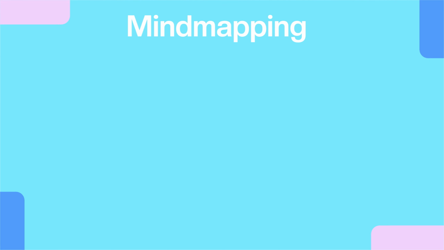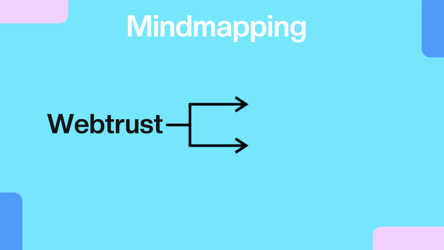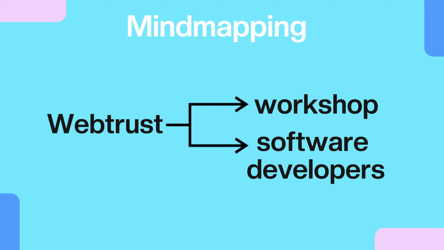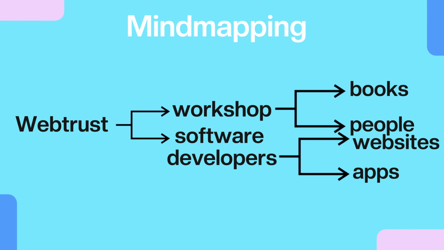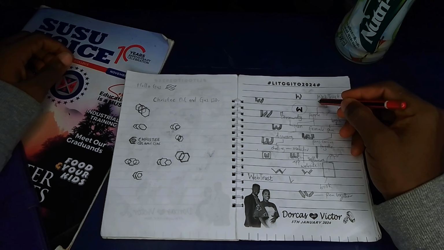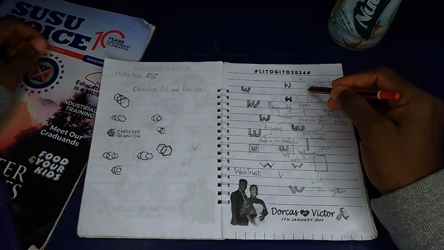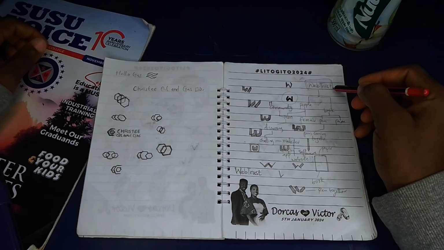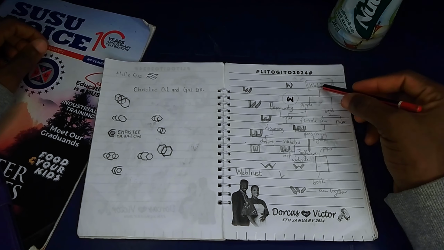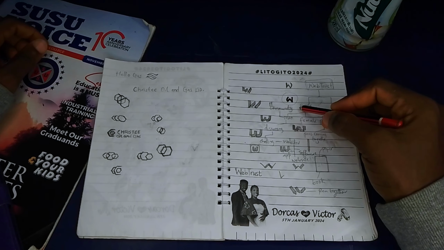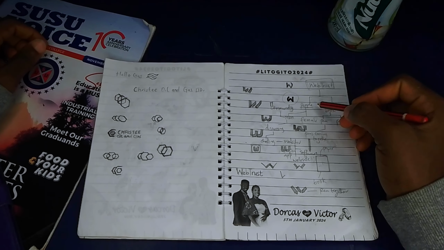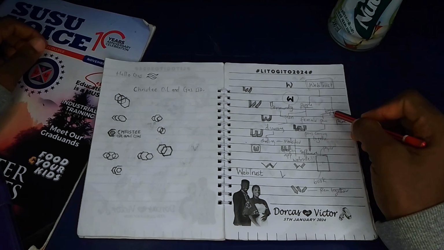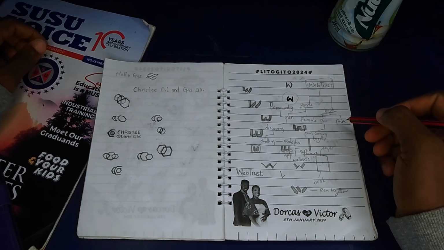So what is mind mapping? Mind mapping is actually getting a word and breaking it down into components that relate to that particular word. So when I think of the word plus, I think about the people that they want to bring together to create a workshop, and the books that those people are going to read.